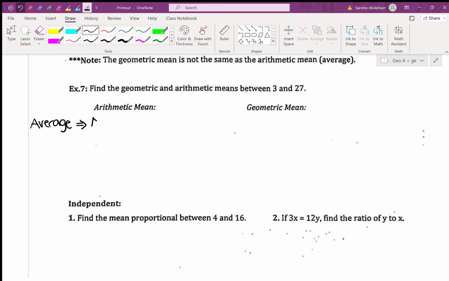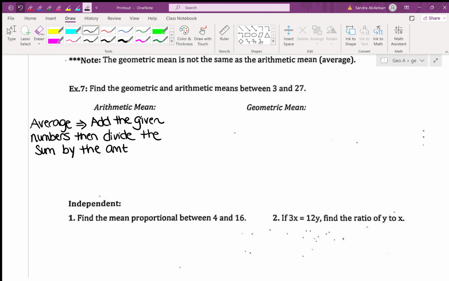So you add the given numbers, then divide the sum by the amount of numbers you have.